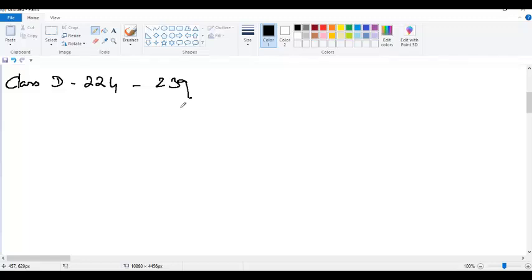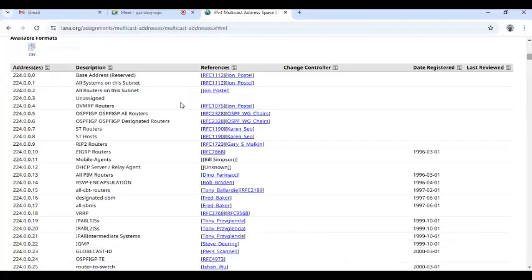239. So here you have the list of reserved addresses. So this base itself is reserved. So don't use 224, for various protocols it is reserved. 224.0.0.13 is PIM, which we are going to learn about in multicasting.